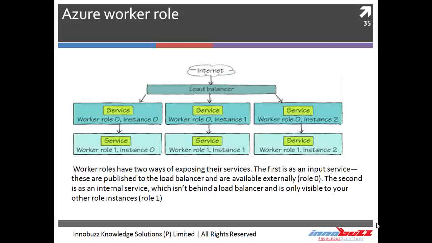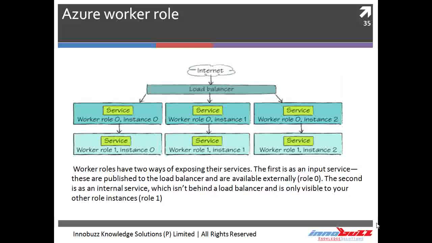The great thing is that when you have multiple web role instances, they are automatically enrolled in a load balancer. This load balancer automatically distributes the load across the different instances you have running.